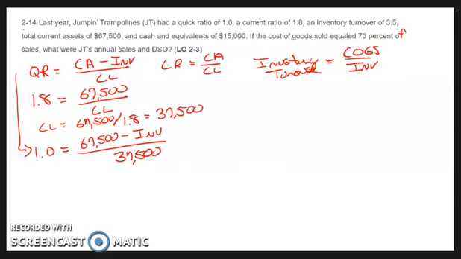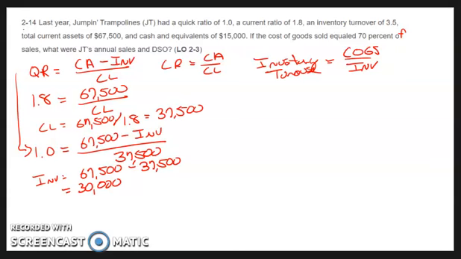So we multiply both sides by 37,500 and cancel this out, and we get inventory is equal to 67,500 minus 37,500. So that's 30,000. So we've got our inventory.